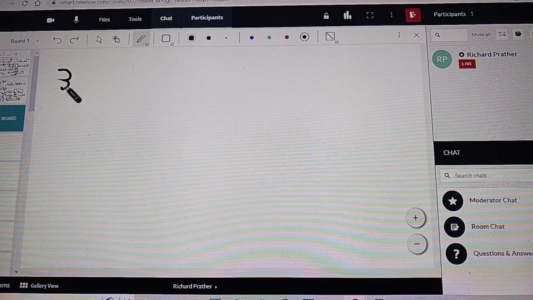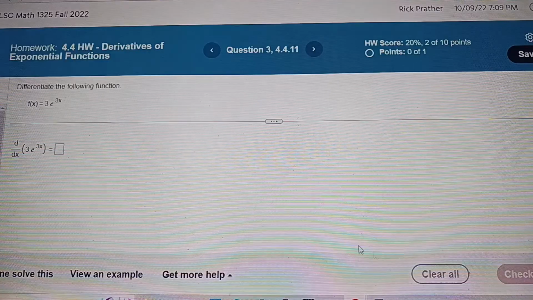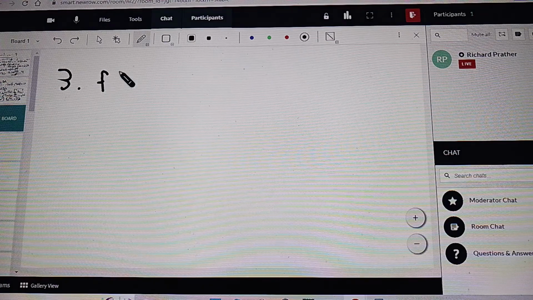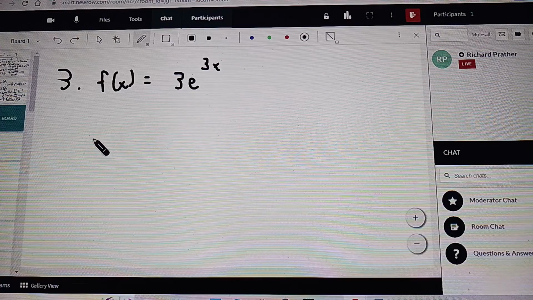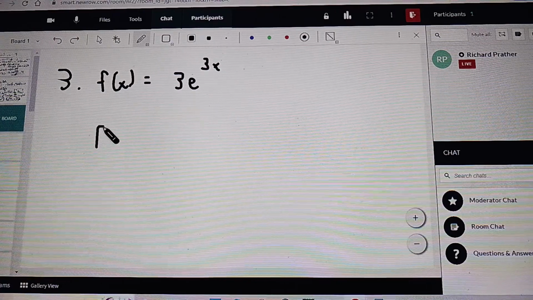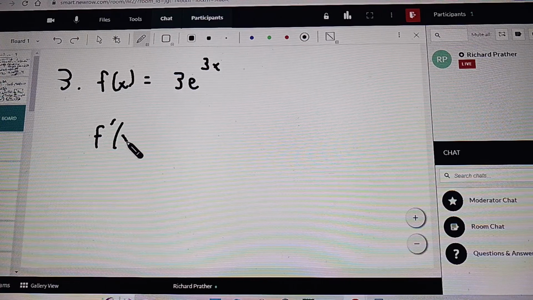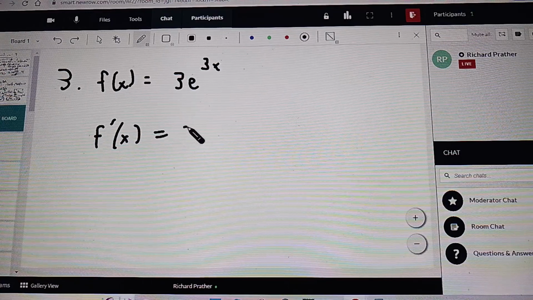So problem number 3, the original function is f of x equals 3e to the 3x. Don't try to use the power rule here. Don't do 3x times 3. That only works on polynomials, not on exponentials. So this has its own rule. The derivative of an exponential is itself first.